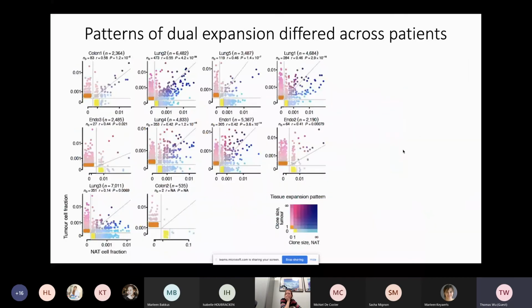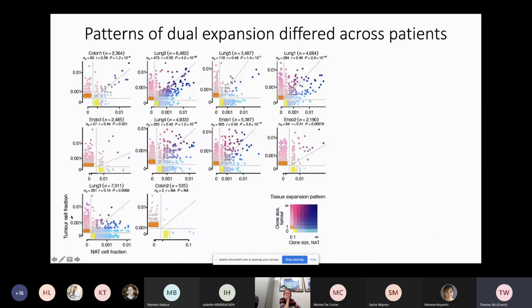So to understand this further, we plotted the data not just in terms of a Venn diagram, but we plotted it numerically. And when you plot it numerically, you get these plots where on each of these patients, I'm showing the fraction of the clones that were in the NAT compartment on the horizontal axis, and the fraction of, or this is actually the cell fraction, the tumor fraction, and I'm plotting by the position where they're located in tumor and NAT.